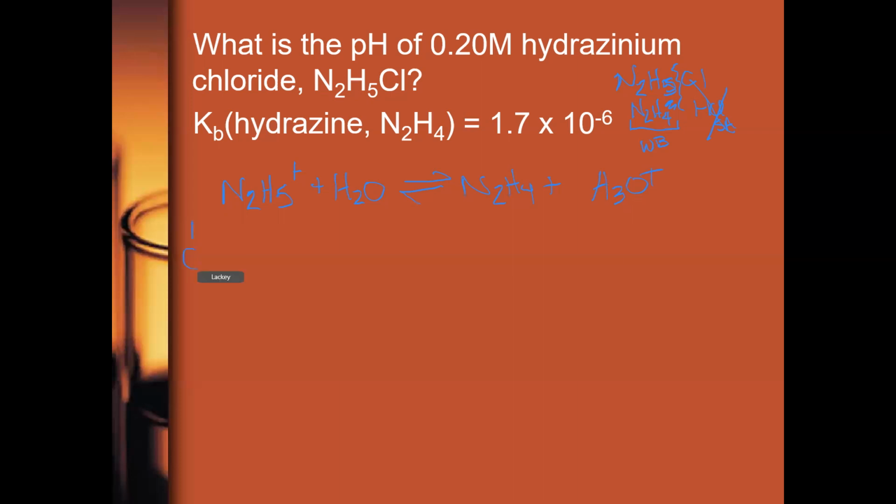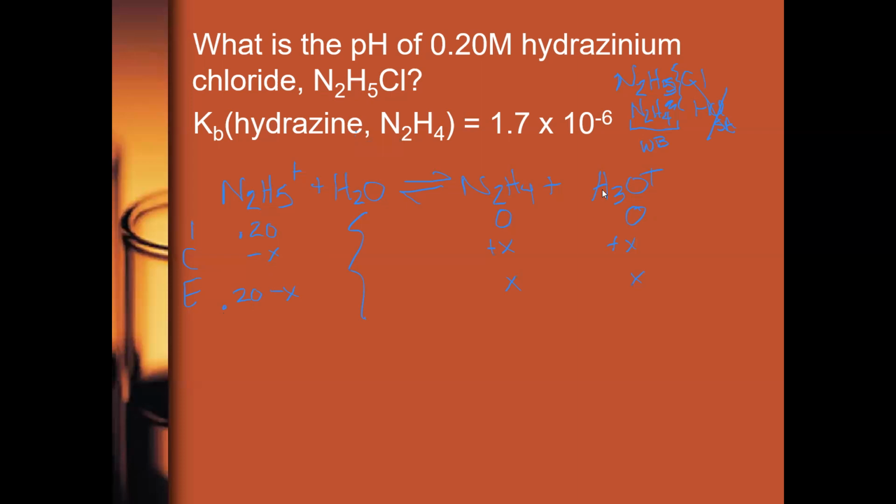For our ICE table, it told us that we had 0.20 molar hydrazinium. We don't have any of our ions originally, so we add X on our product side and subtract on our reactant side. And here's the thing, we have hydrazinium, not hydrazine, but it gave us the Kb value.